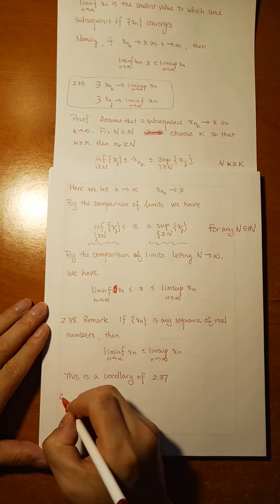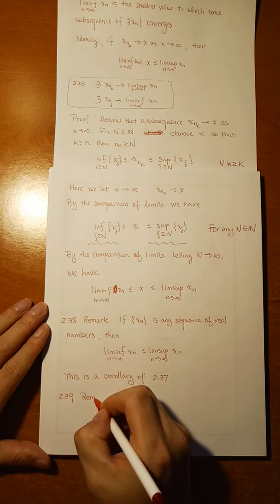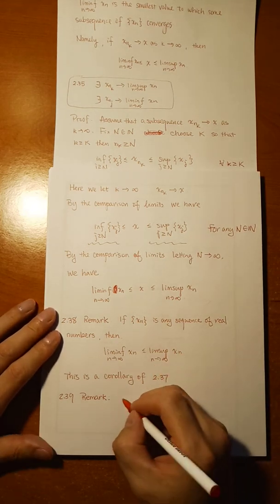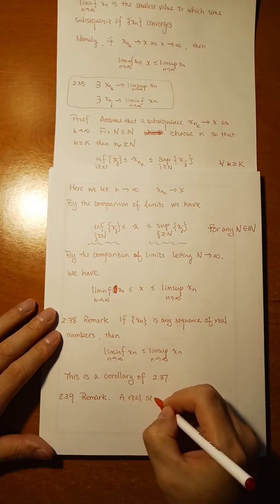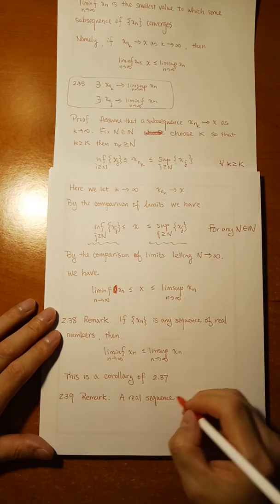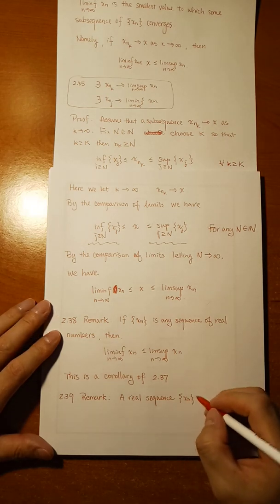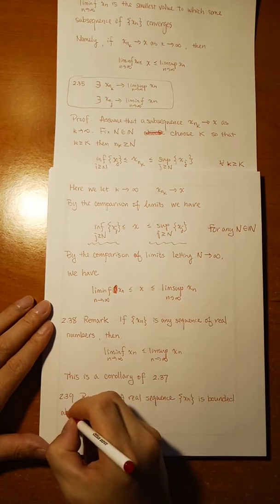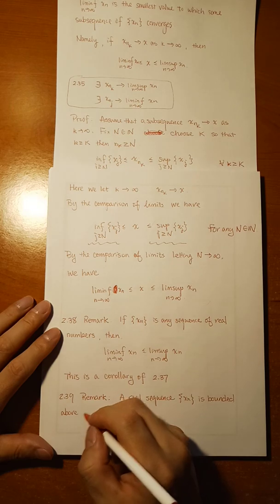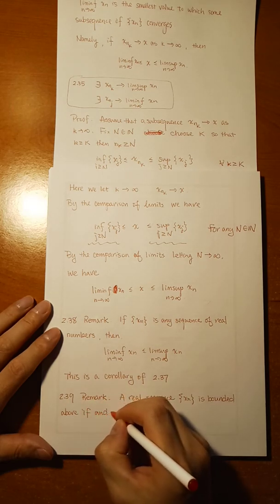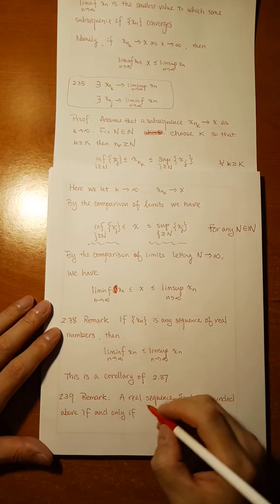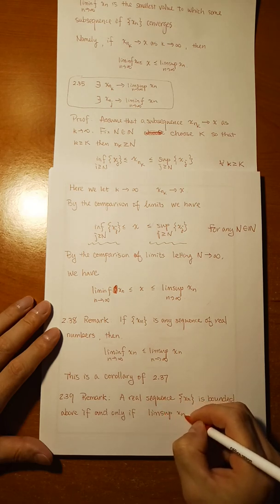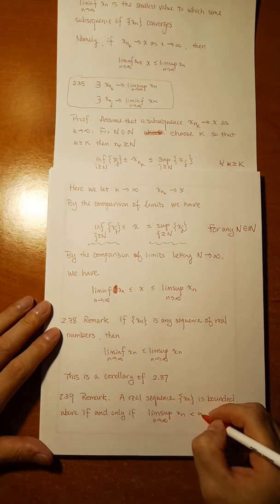And another remark says a real sequence xn is bounded above if and only if the lim sup of xn as n approaches infinity is a finite number.